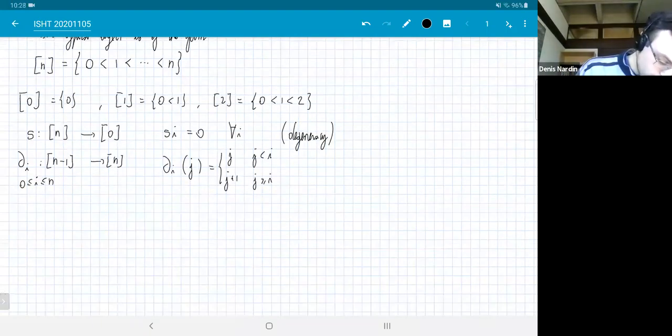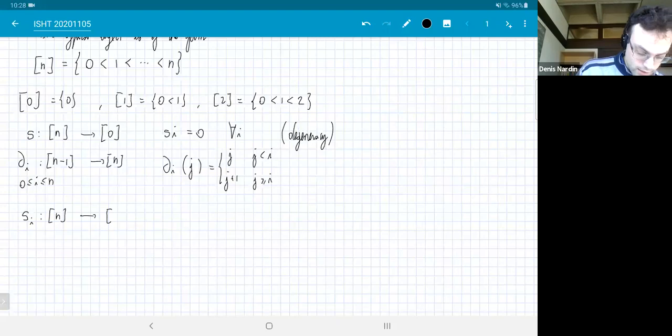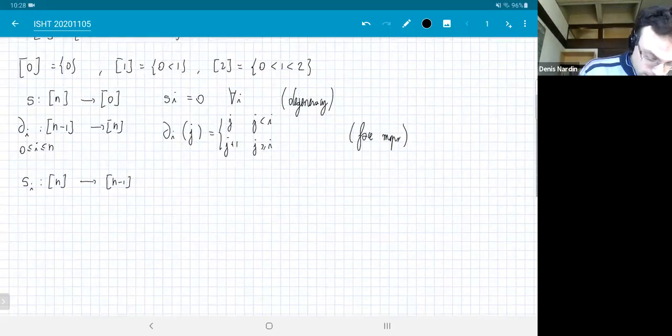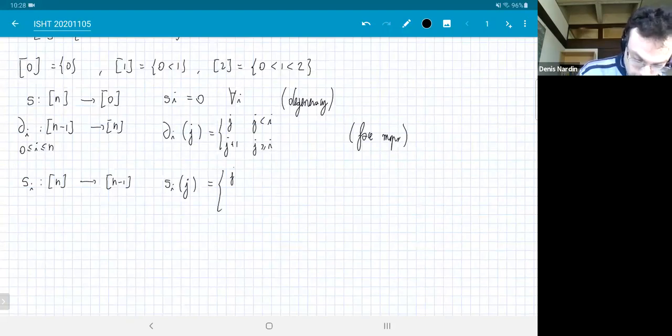And just for completeness' sake, you also have these guys here called the degeneracy maps. So these are called the face maps. It makes sense in one second why I'm calling them this, but let me put all the definitions here. s_i(j) is j for j less or equal than i, and j minus 1 for j greater or equal than i plus 1.